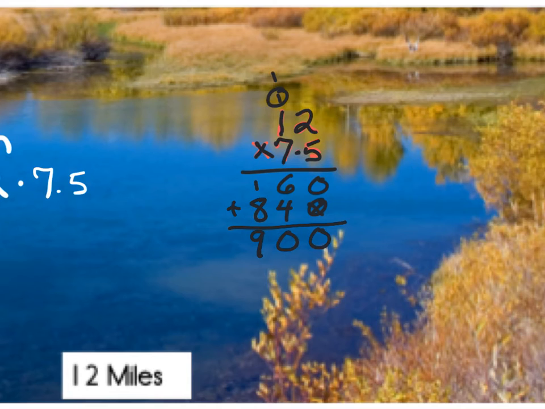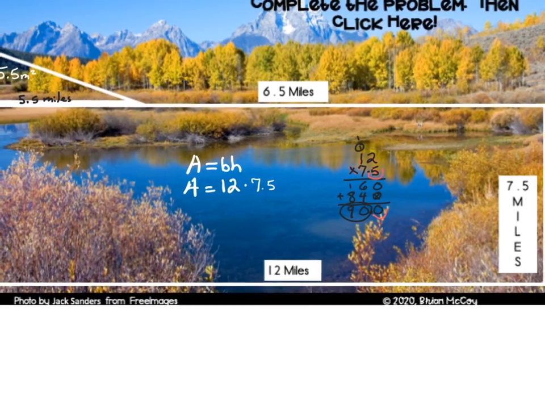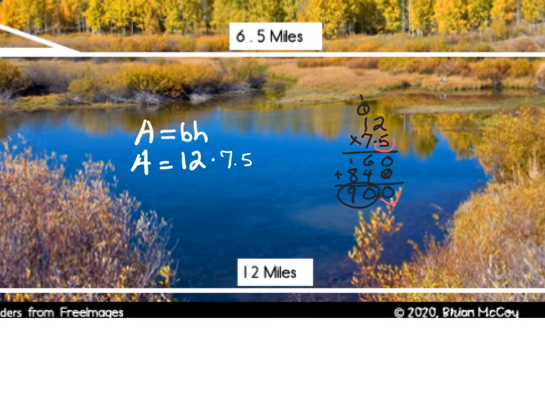Then I've got up here, I've got 1 decimal place here. So I go 1 place here, and my decimal goes right there. And 90 miles squared is your answer. So let's go ahead and write that in white. And here we go. A equals 90 miles squared.